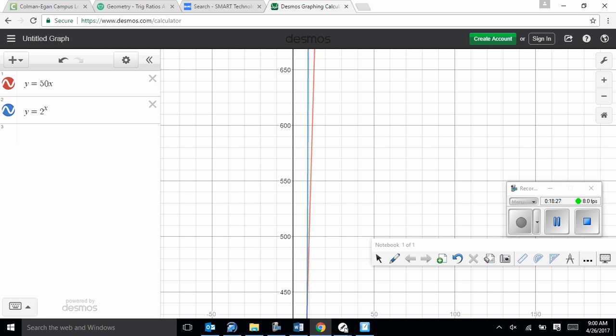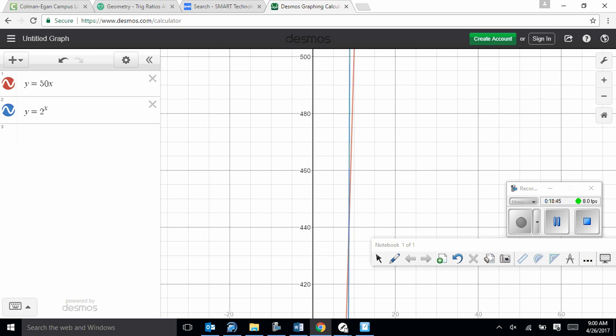So our 50 times x is our red line, and our blue line is y equals 2 to the x. So is the red line always above? Is it always at a greater y value than the blue line? And we can zoom in.